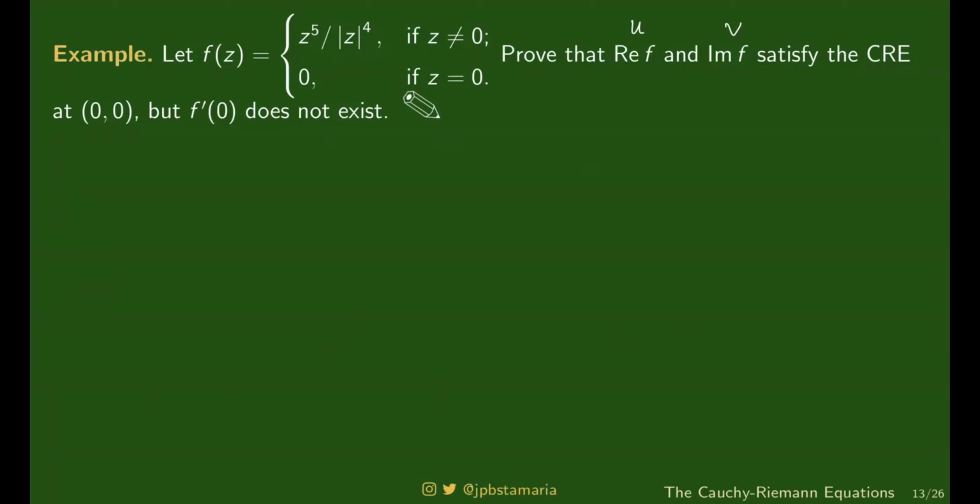Ito example that serve as a counterexample for the converse of the previous theorem. So ang sinasabi ni sir, hindi porket satisfied ang Cauchy-Riemann equations at a point, hindi guarantee yun na yung complex function mo ay differentiable doon sa corresponding point sa complex plane.